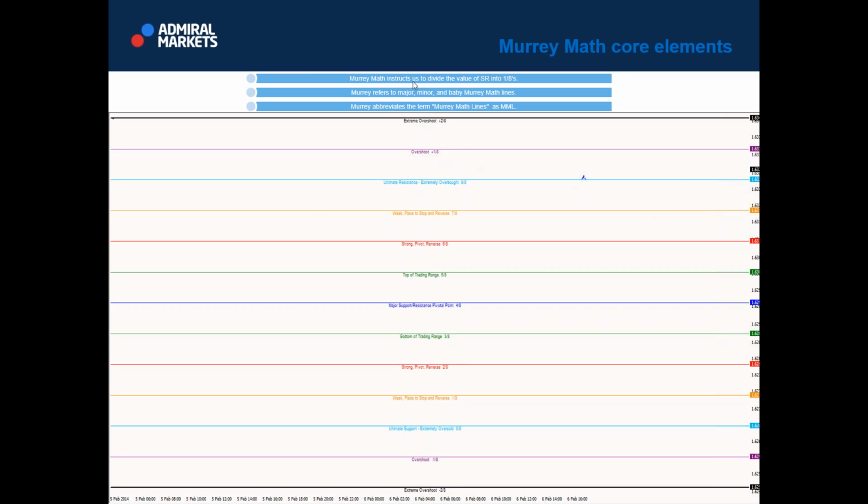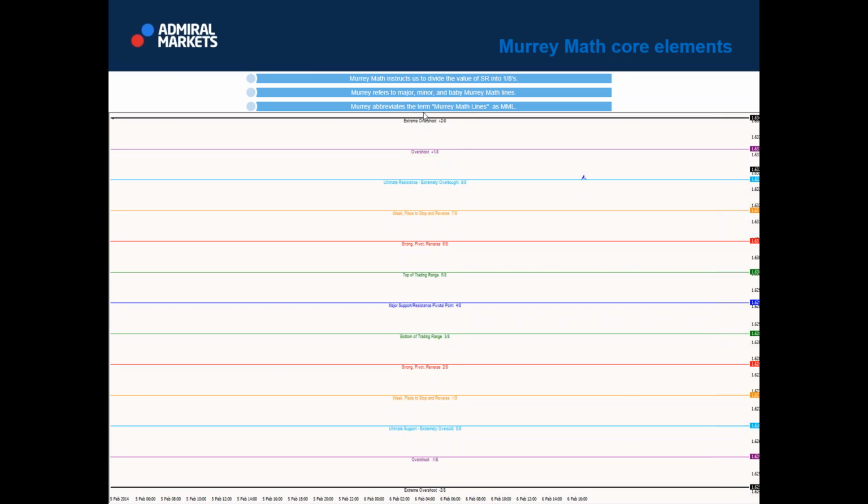Murrey Math instructs us to divide the value of support and resistance into 1/8. Murrey refers to major, minor, and baby Murrey Math lines. All of these lines have some sort of default price movement if the price hits them.